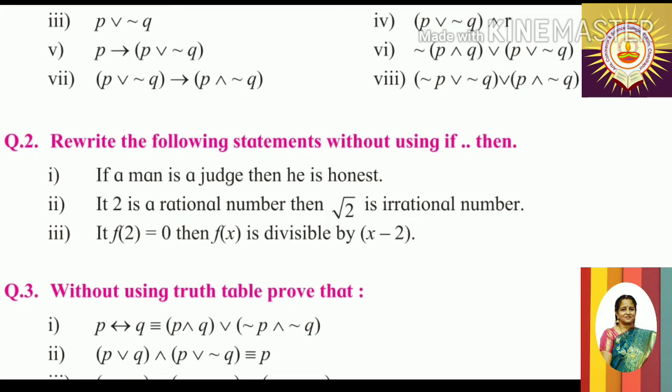So the given statement is P conditional Q, its equivalence is negation P or Q. Therefore, the given statement can be written as 2 is not a rational number or root 2 is irrational number. Solve the third example in the similar pattern.